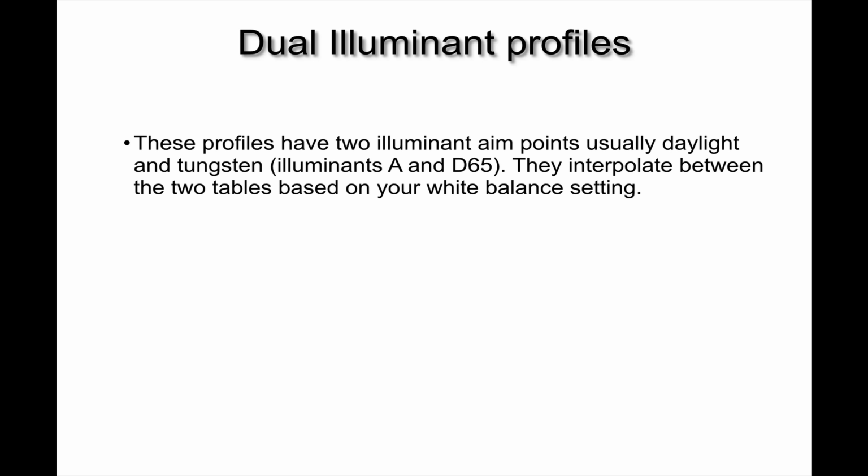So dual illuminant profiles, what do they bring to the party? Well, these profiles are built by loading two different camera targets, one shot under tungsten and one shot under daylight, into the software product. Basically, when you are using the white balance tool, the two profiles interpolate between those two particular tables. There's a table for Illuminant A, or tungsten, and daylight, D65.